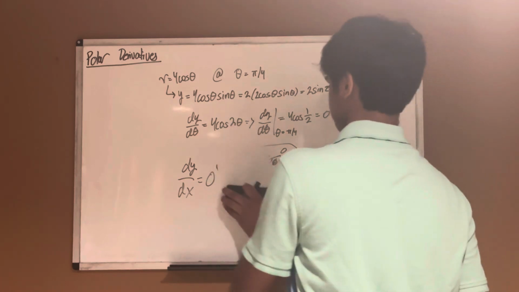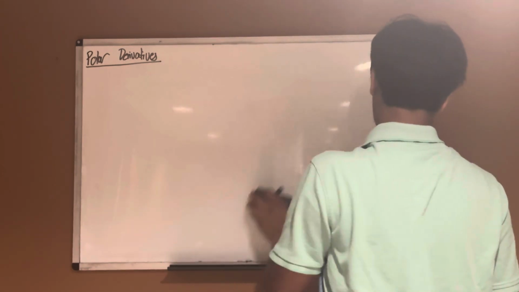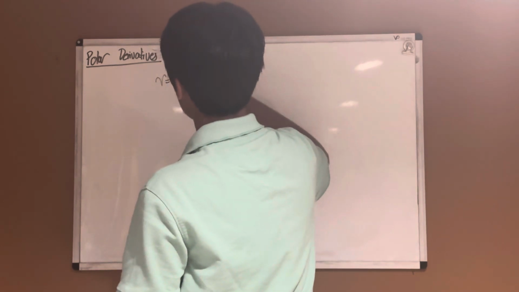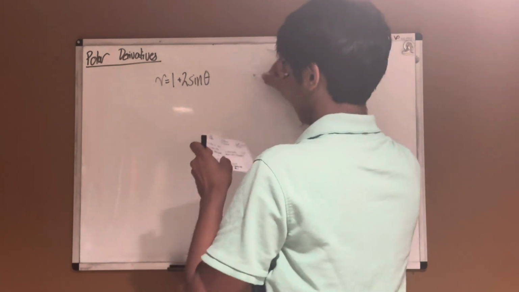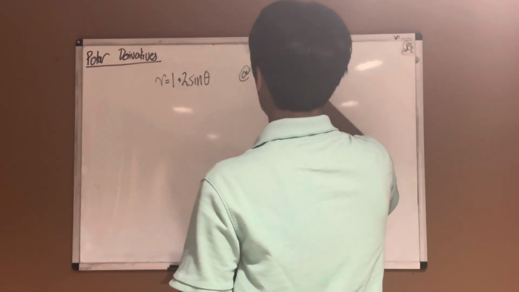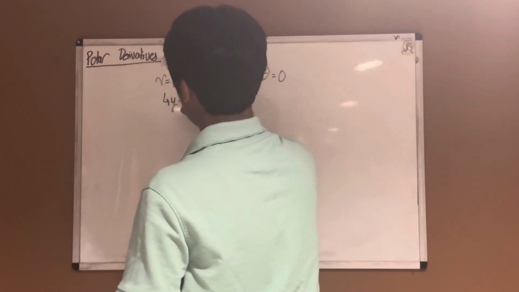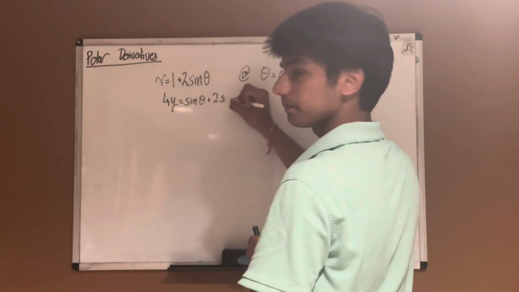Alright, next. Let's say we had the function r equals 1 plus 2 sine theta, and we're trying to find the slope at theta equals 0. Let's represent y first, so y would equal sine theta plus 2 sine squared theta.